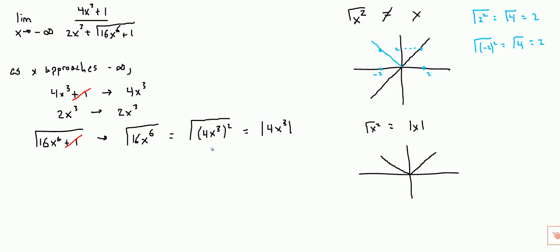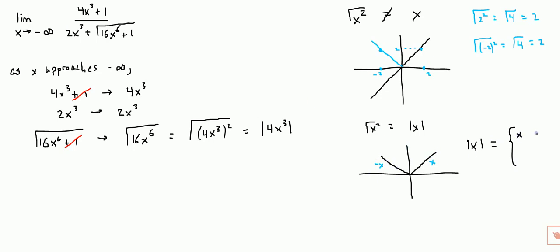Okay? And remember, absolute value of x, that's a piecewise function. The right-hand side, or when x is greater than 0, we have x. But on the left-hand side, we have negative x. Think about the way those lines look. This is y equals x on the right, and this is y equals negative x on the left.